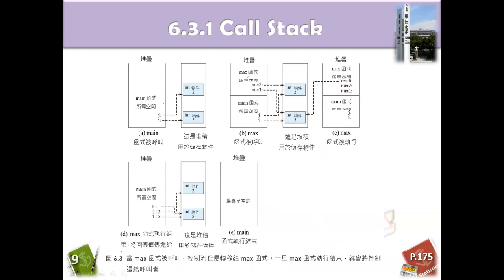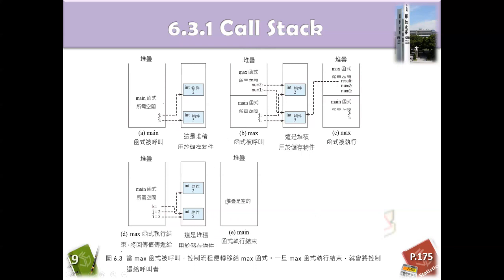And because it calls the max function, first we were in the main, and main needs the two objects, and then we call the max. So the max will go onto this stack.